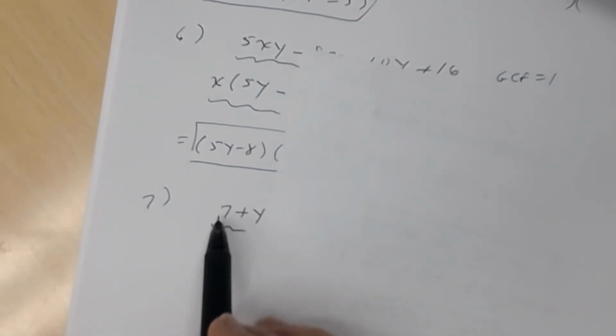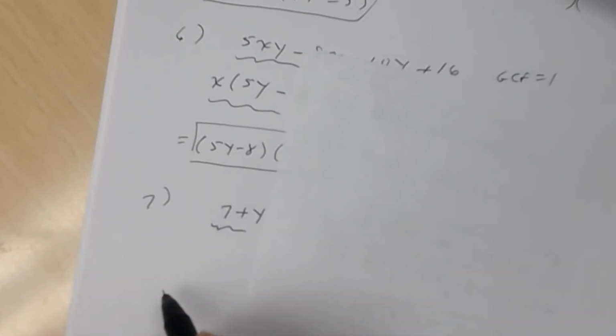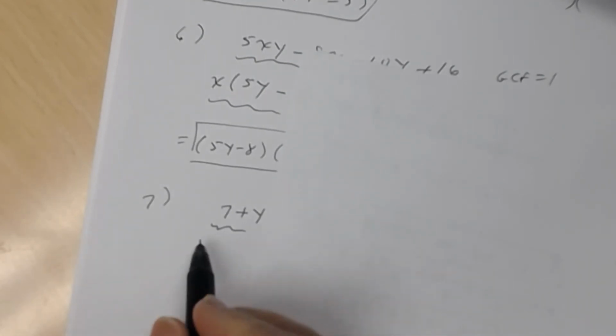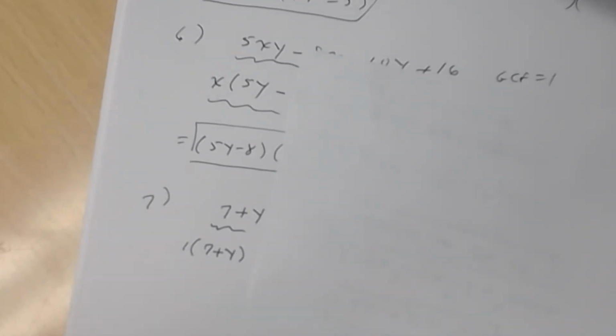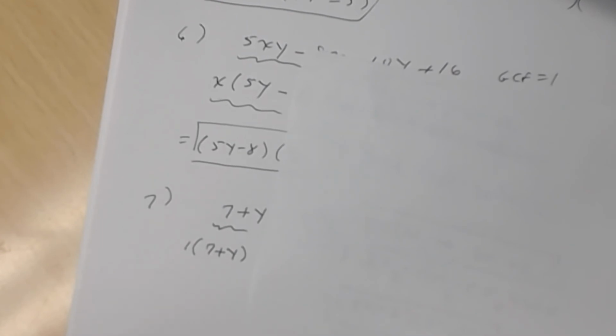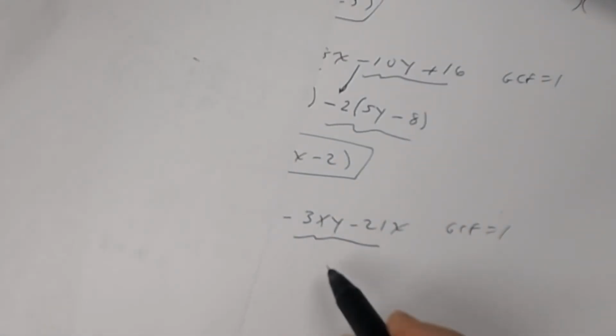Here, the GCF is 1. The GCF of 7 and y is 1. That's the only common factor they have, and so that's the GCF. But you've got to write it as 1 times this, though, and you're going to see why that's going to be important. So 1 times 7 plus y. So you've got to factor out that 1. And so that's going to be important with what we're about to do in this part.